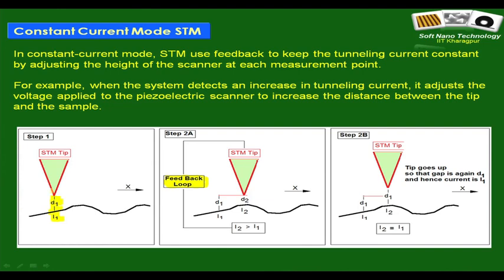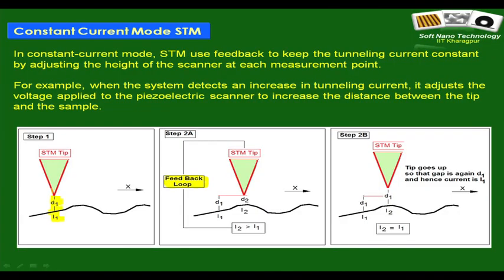It is a distance at which the tip is not touching the surface, as well as there is tunneling current. You do not want to be too close, because the tip might crash. You do not want to be too far away, because in that case the tunneling current might drop to 0. So, you are at a comfortable separation distance, you know based on your experience that okay, d1 is such a separation distance which will give a tunneling current of I1 or IT1, which is fine.